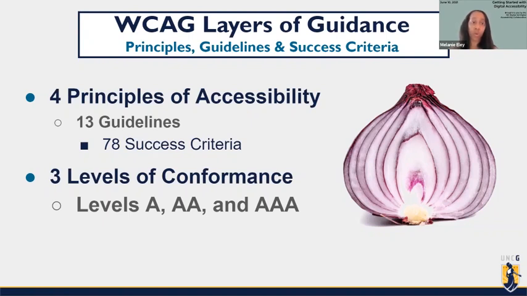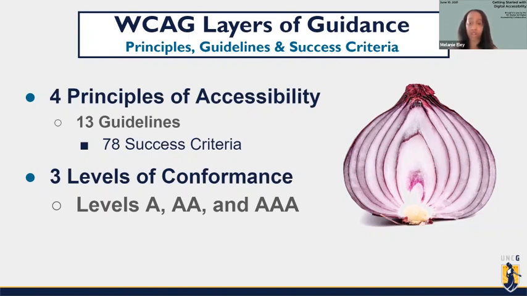So as I mentioned before, there are 4 principles of accessibility. Those are the overarching guidance of WCAG. As you dig deeper, you peel back a layer, you'll find that there are those 13 guidelines that are organized within the 4 principles. And then if you dig even deeper, peel back another layer, you'll find that there are a total of 78 success criteria within those 13 guidelines.